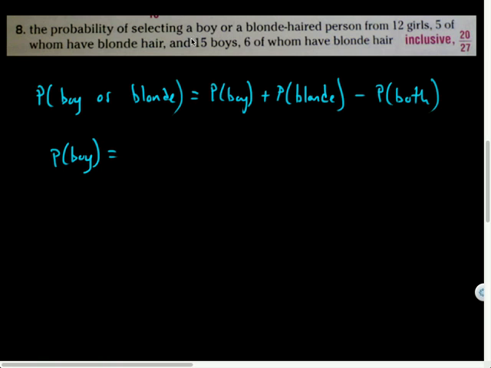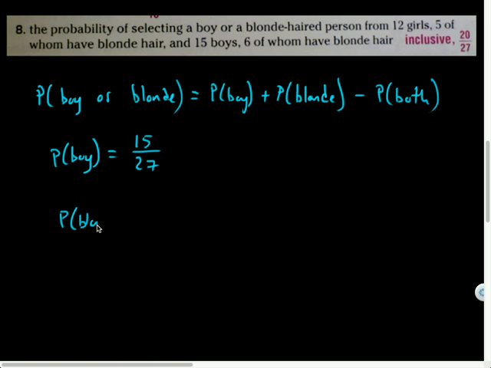So we have 15 boys, so that'd be either combo 15-1 if you wanted to use combos, or we could just say 15 out of, how many people total? 27. Both of those are reducible, but I anticipate having to add and subtract, so a common denominator might be helpful, so I'll leave that as an unreduced fraction.